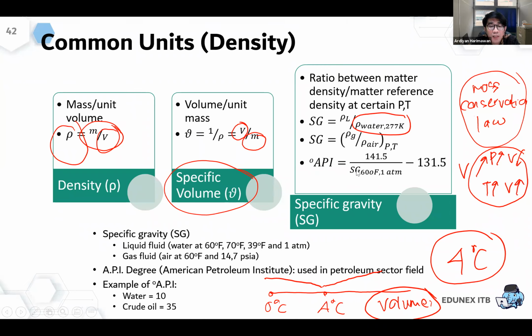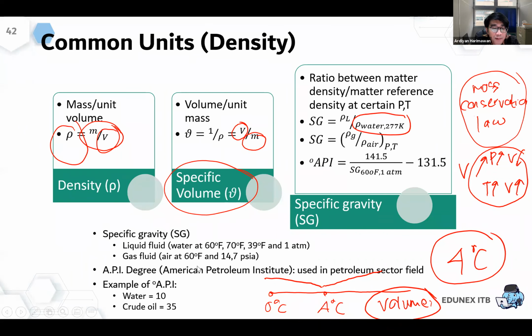Okay, to make things more complicated or more interesting, the American Petroleum Institute, normally used for hydrocarbon, specific gravity of liquid, generally it's liquid, and specifically it's hydrocarbon. The unit of the density is called API.